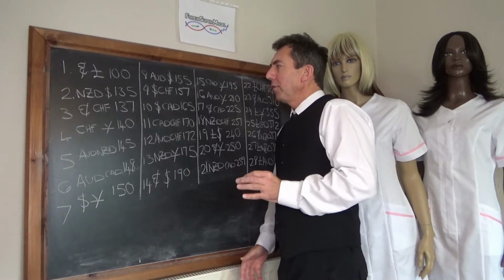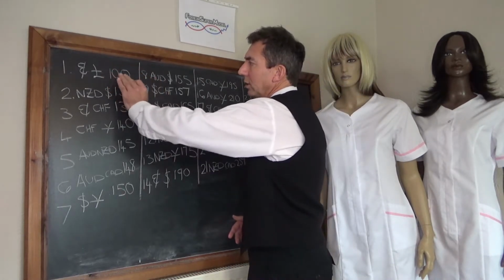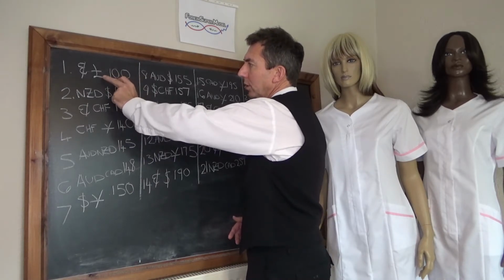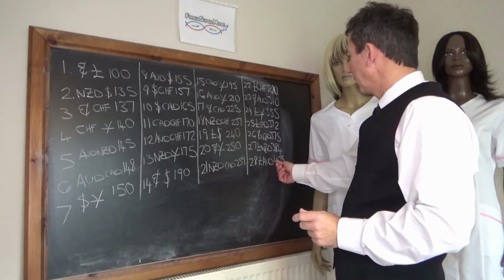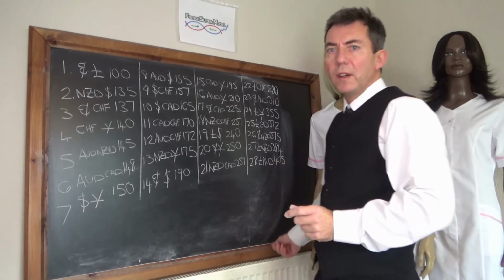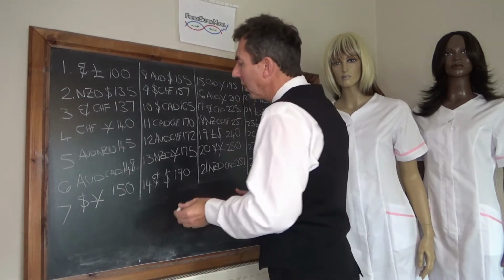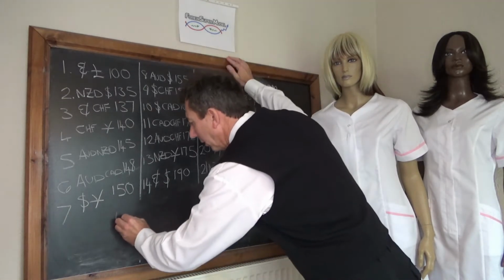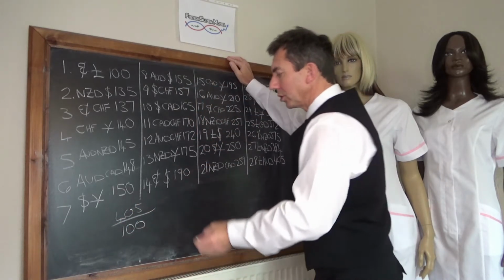So if you take the least volatile model pair, which is the euro pound, and over here we've got the most volatile, which is the pound AUD at 405, then you've got 100 versus 405, so 405 divided by 100, it's basically 4 to 1.